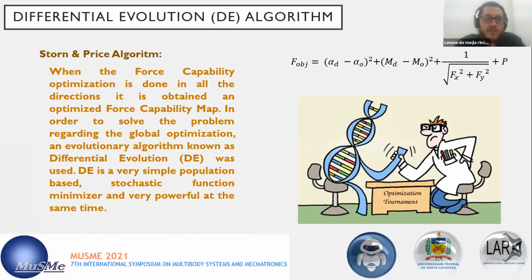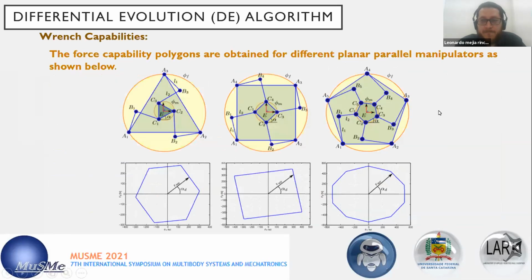Specifically, we used the Storn-Price algorithm, which is basically a very simple population-based stochastic function minimizer and very powerful at the same time, in order to solve this objective function, which basically tries to minimize the error between the obtained and desired angle, the obtained and desired moment, and at the same time we maximize the magnitude of the force, plus an element representing the penalization of the objective function.